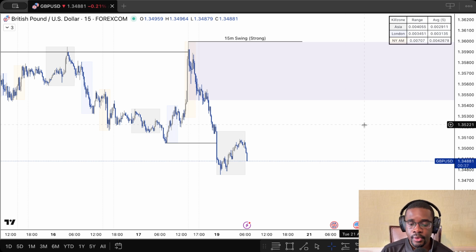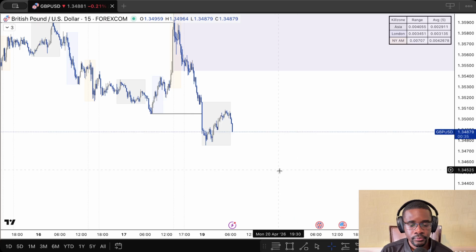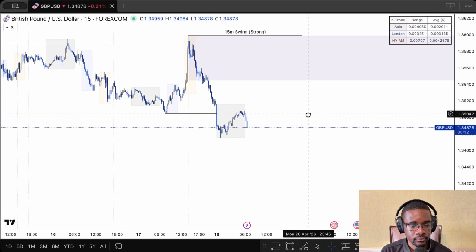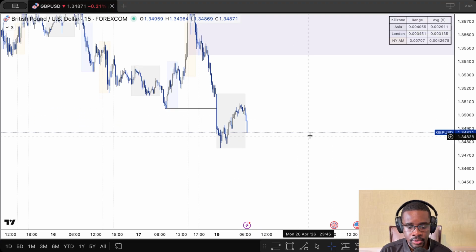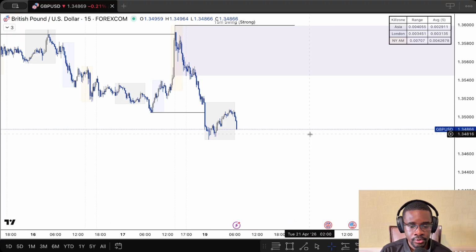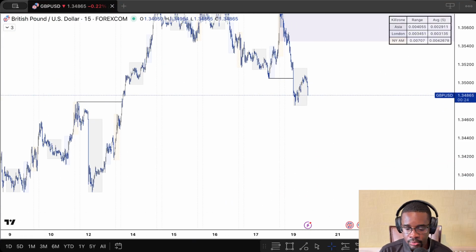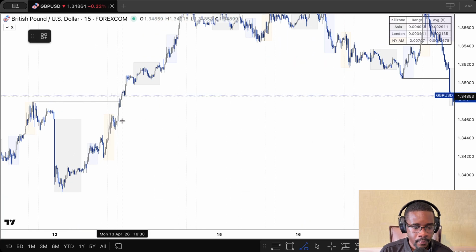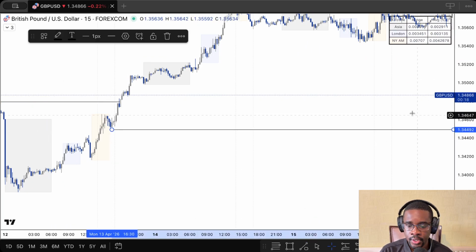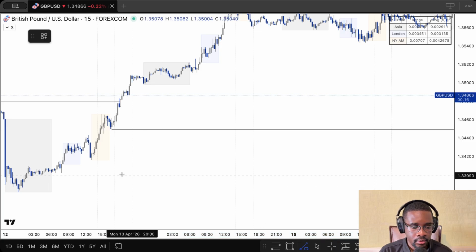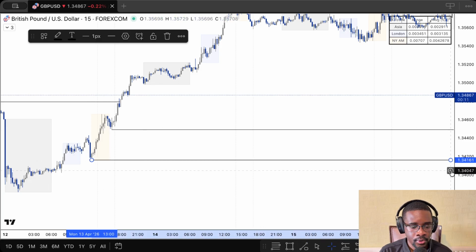Excuse me. So, alright, so price, well, you can see right now it's starting to tank. So we do have an area here which we could target, as well as this one as well.